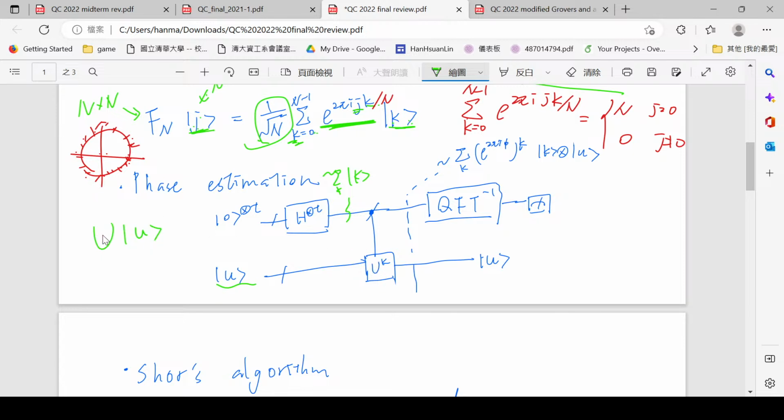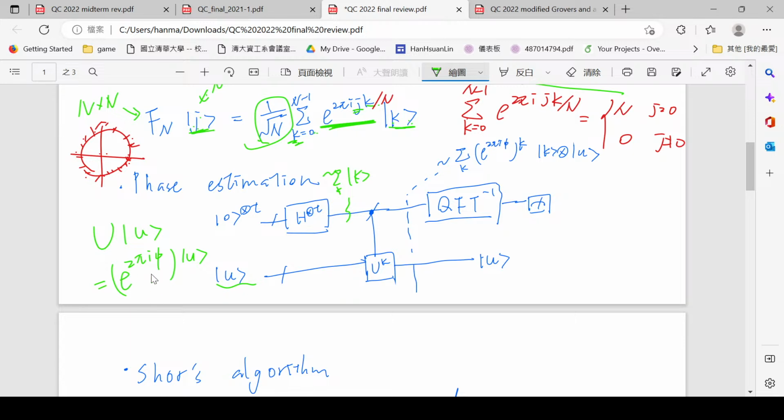So we are in a setting where we have a unitary U whose phase you want to test, and we give an eigenstate u, and so, being an eigenstate, we promise that U u is equal to some eigenvalue e to the 2 pi i phi times u. We can write the eigenvalue as e to the 2 pi i phi because it's a unitary, so eigenvalues are always of unit norm.